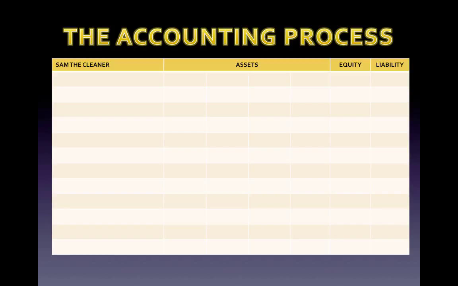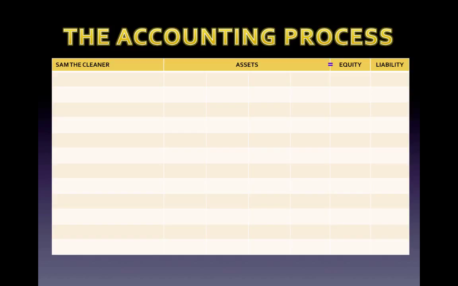So we went on to look at an example to demonstrate how this accounting process works, taking into account duality, the entity assumption, and understanding the accounting equation. How do we actually record business transactions? So we said we are looking at Sam, who is a cleaner, and we want to record Sam's transactions for a few days and their impact on the accounting equation.